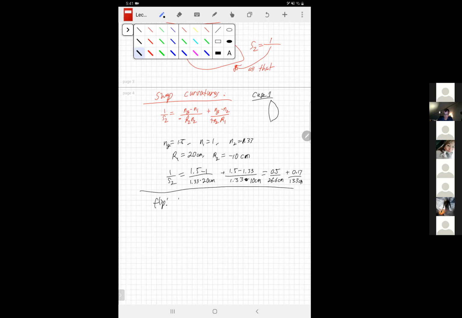Flip. R1 should be 10 centimeters because now it's bulging like that. R2 is negative 20 centimeters. 1 over S2 is 0.5 over 1.33 times 20.